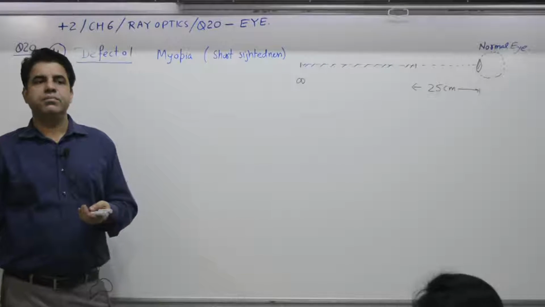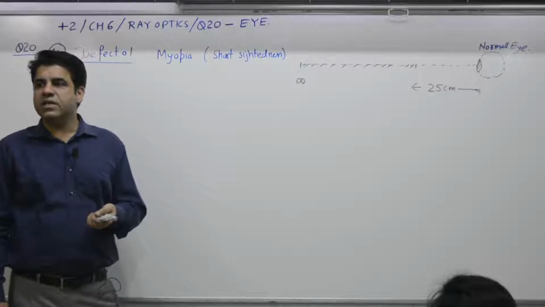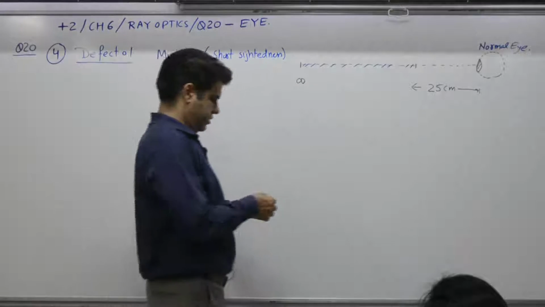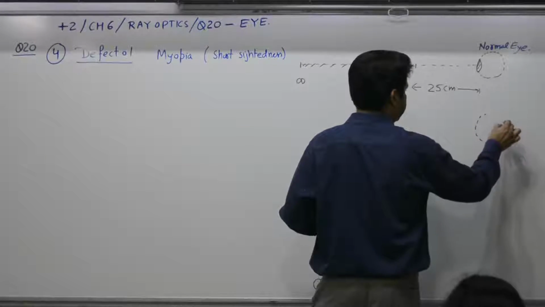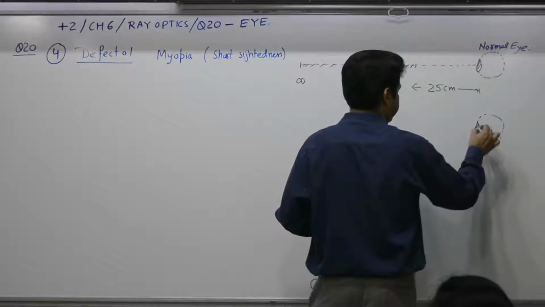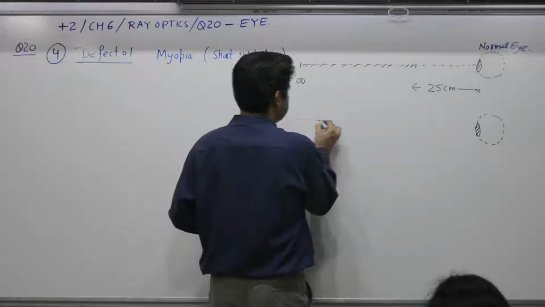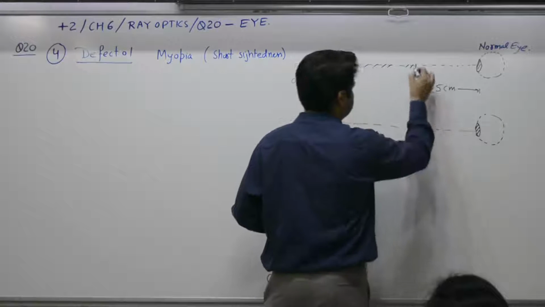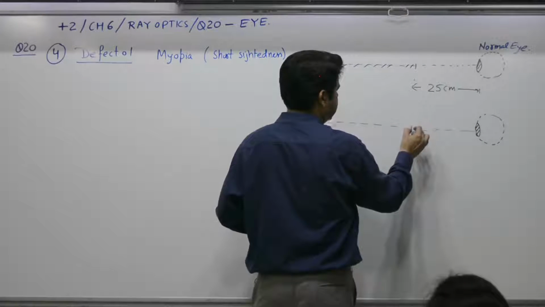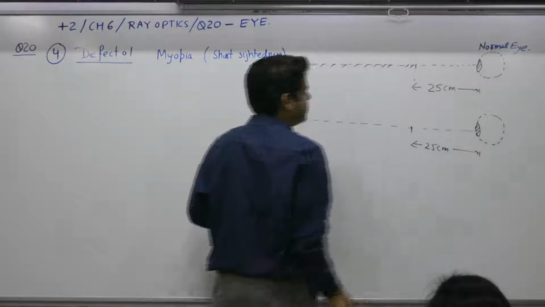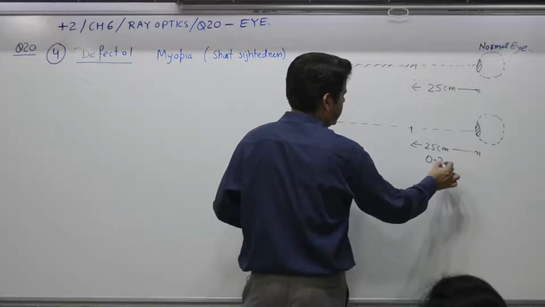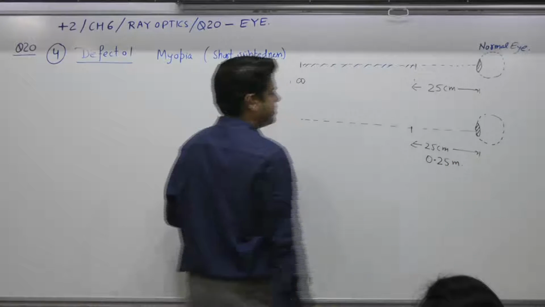Short-sighted means what? The person can see nearby objects. So suppose there is a defective eye, and for this person the near point remains as it is, 25 centimeter or 0.25 meters.